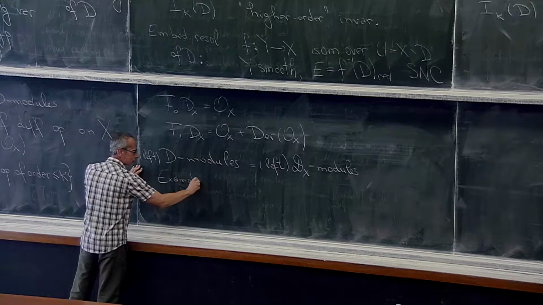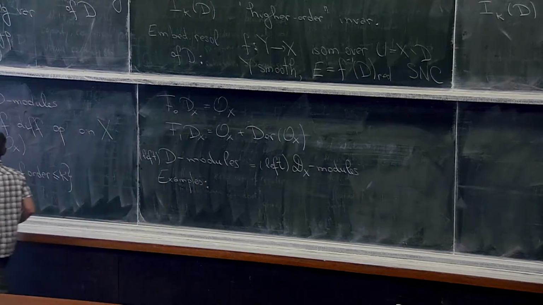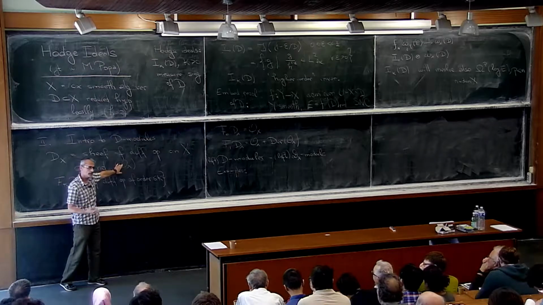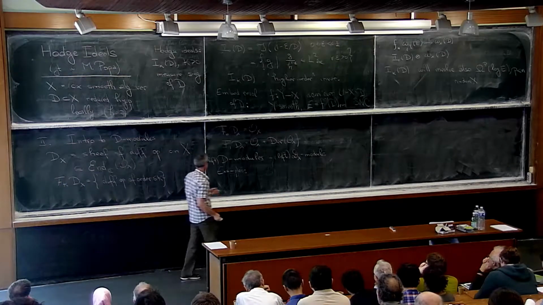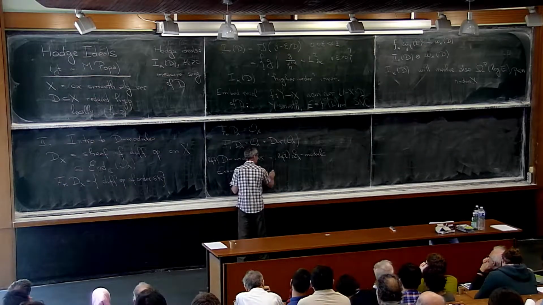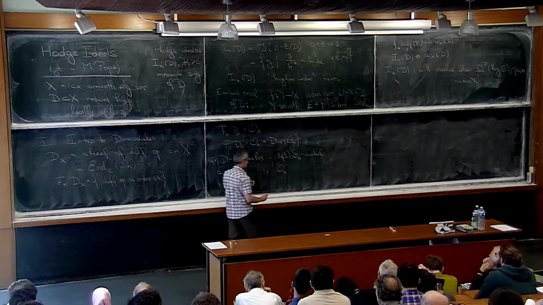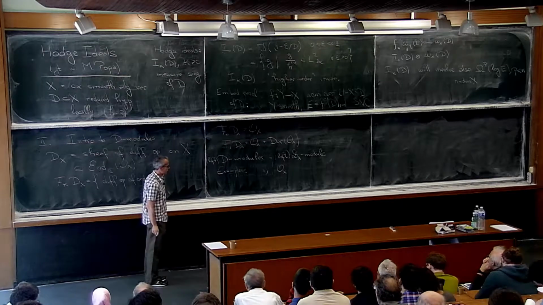So first of all, this sheaf lies inside endomorphisms of OX. So D acts naturally on OX, right? So this is the most basic example. Of course, maybe the most basic example is D_X itself, but let me not worry about that one.